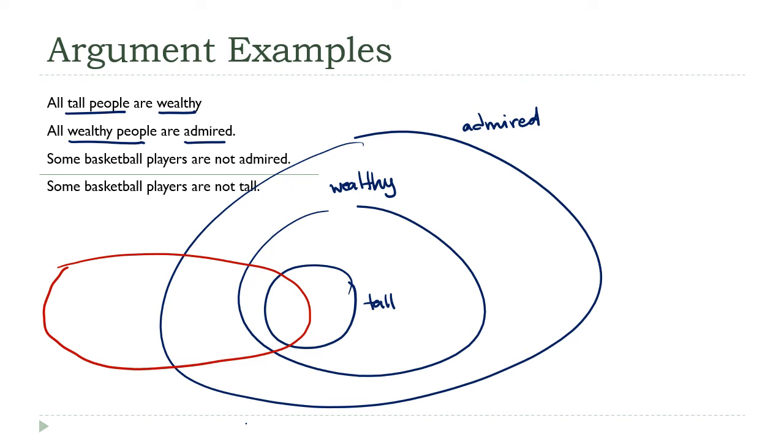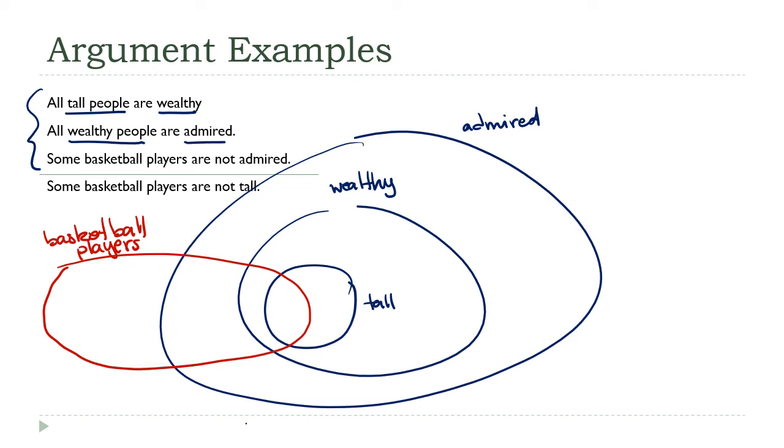So I'm going to make this as inclusive as possible. So let me now label this basketball players. Now I've got all three of my first group of statements here, all three premises. So what's the conclusion? Some basketball players are not tall.